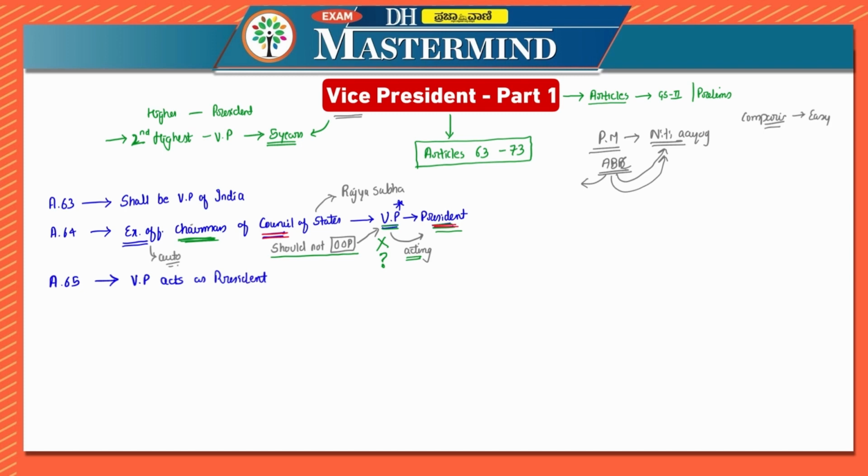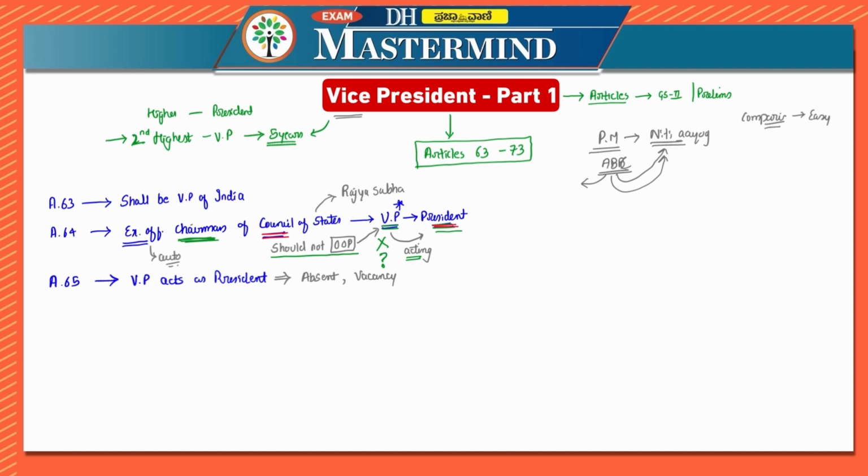It also says when: when the president is absent, that is, when there is a casual vacancy. For example, now the president is traveling. At that point of time, the vice president will be discharging the functions of the president.